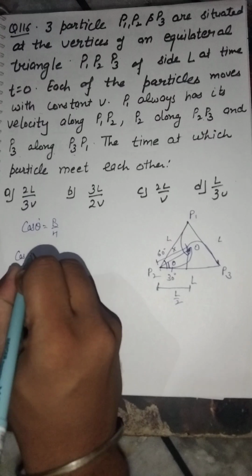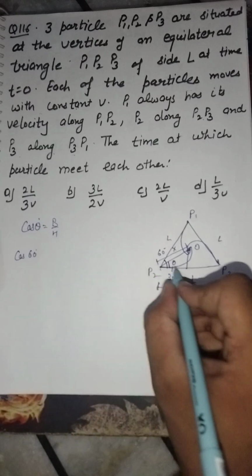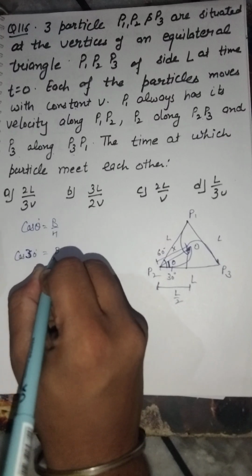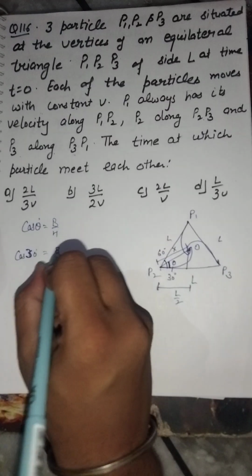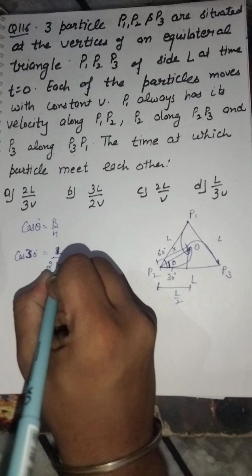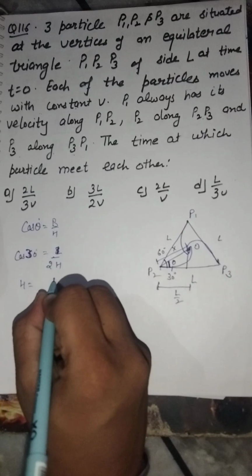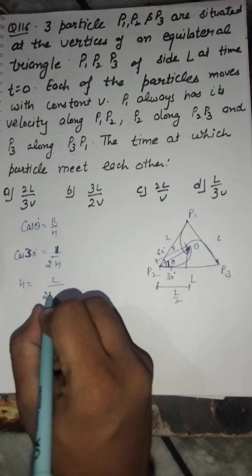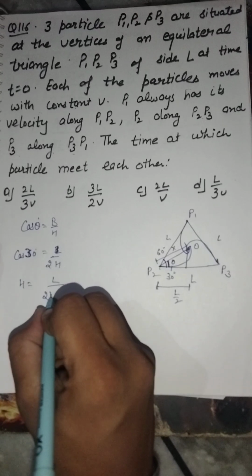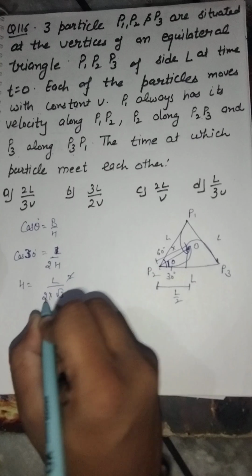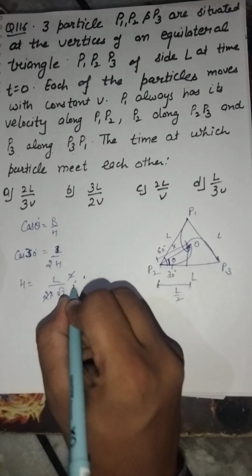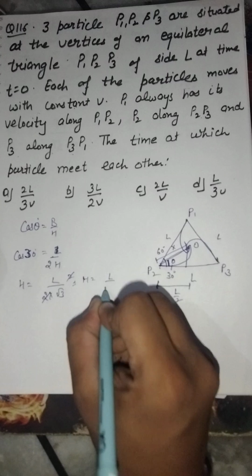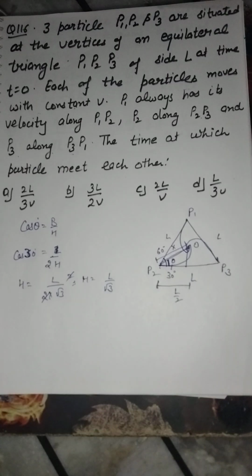This angle is 30 degrees, so cos 30 degrees is base upon hypotenuse. The base is L by 2, and the hypotenuse we want to find, so hypotenuse is equal to L by 2 divided by cos 30, which is root 3 by 2. So this side has value h equal to L by root 3.